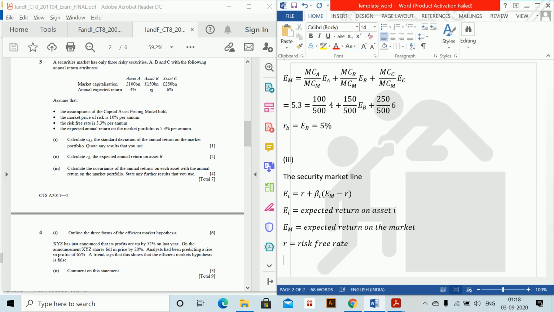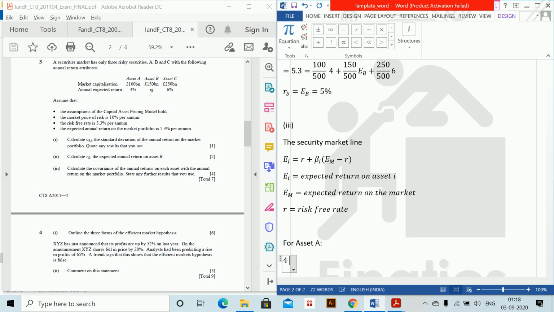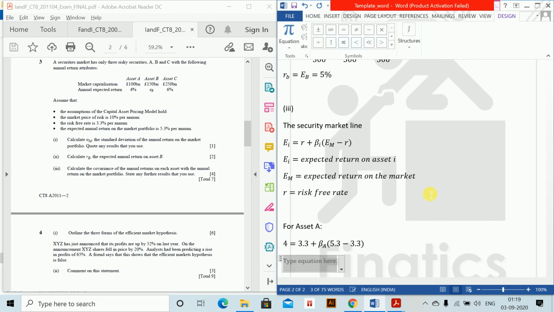Okay, since we have this, now for asset A: 3.3 plus β_A times (5.3 − 3.3), so therefore β_A equals 0.35.